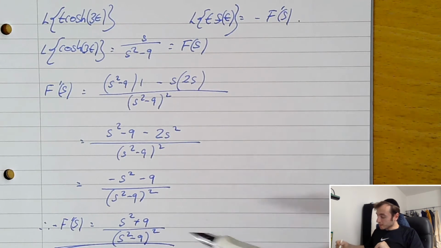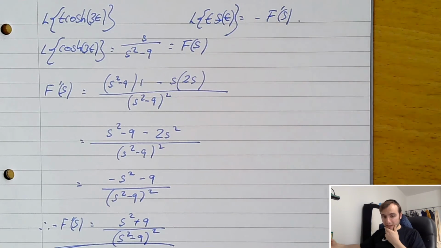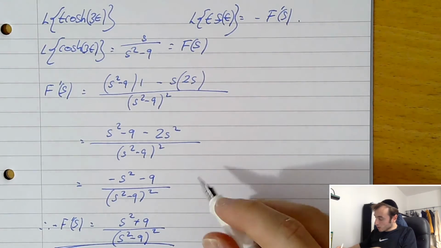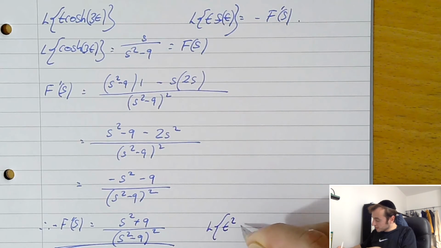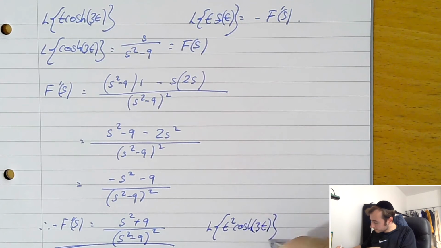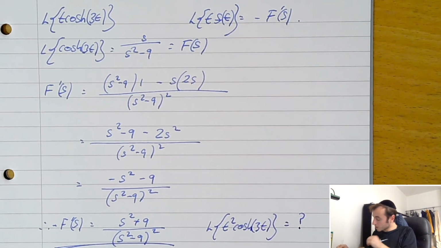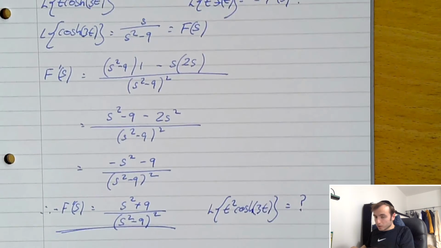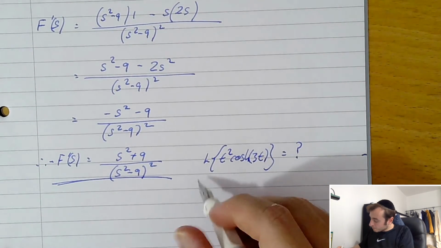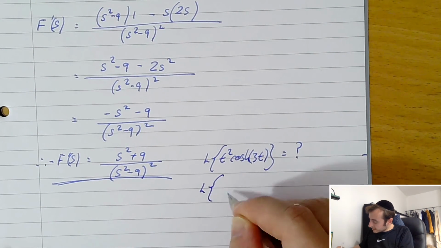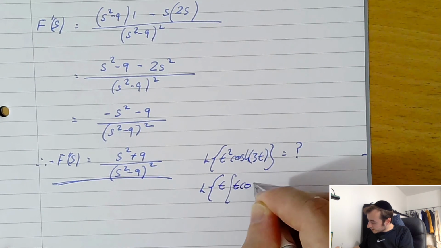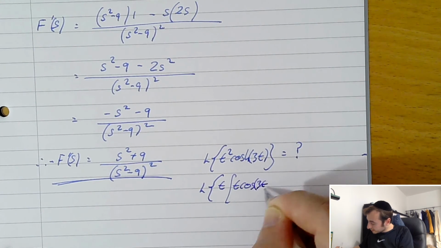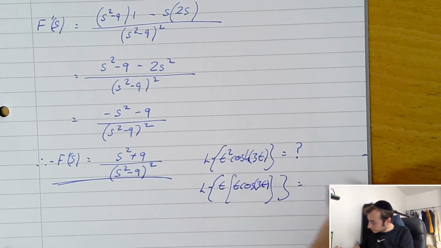Now, what we can do is take this a step further, and ask the question, what would the Laplace transform be of t squared cosh 3t? Well, to answer that, what this really is is t times t cosh 3t, isn't it?